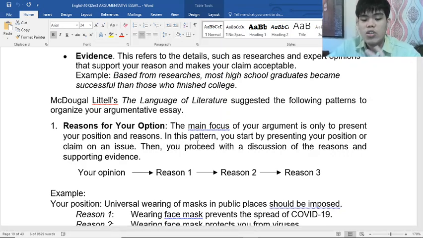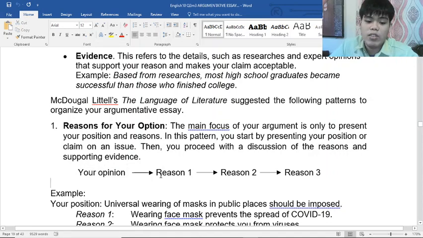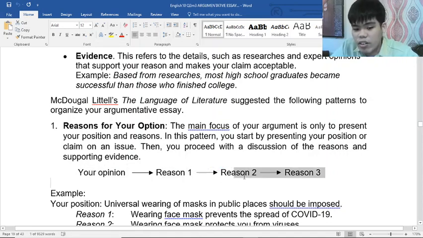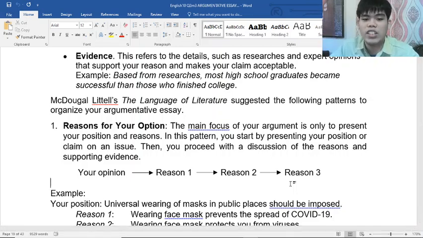In this pattern, you start by presenting your position or claim on an issue. Then you proceed with a discussion of the reasons and supporting evidence. So of course, it starts with your claim, your opinion, then reason plus evidence, reason plus evidence, reason plus evidence, as many as it takes for you to be satisfied that you are able to state your case or your claim.